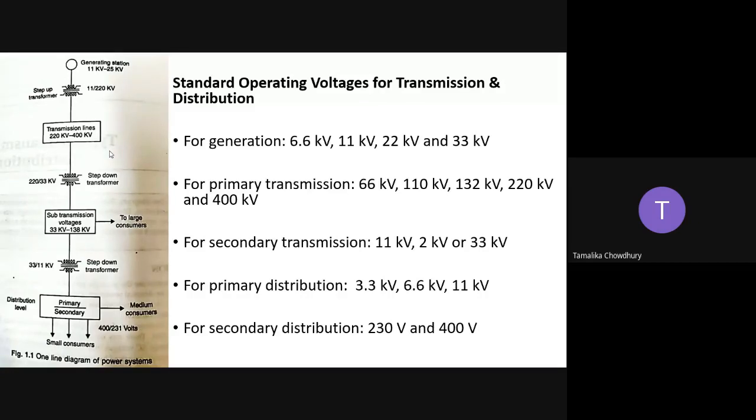Next is the primary distribution, carried out at an even lower voltage, again through a transformer: 3.3 kV, 6.6 kV and 11 kV. Then comes the secondary distribution, for the consumer ends, the domestic, industrial and commercial users, with voltages of 230 volt to 400 volt.